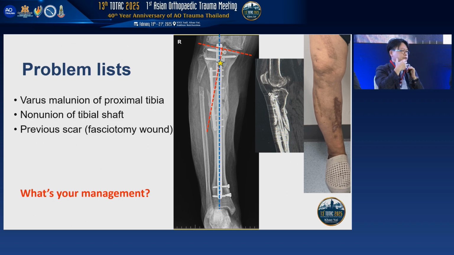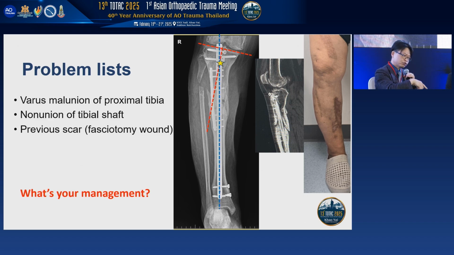So I think my goal is to realign the bone so that the joint line can be corrected, and we need to cure the non-union. And I think the priority of non-union is in advance of the alignment correction, because if we correct at one side but still have the non-union persisted, it will get trouble.